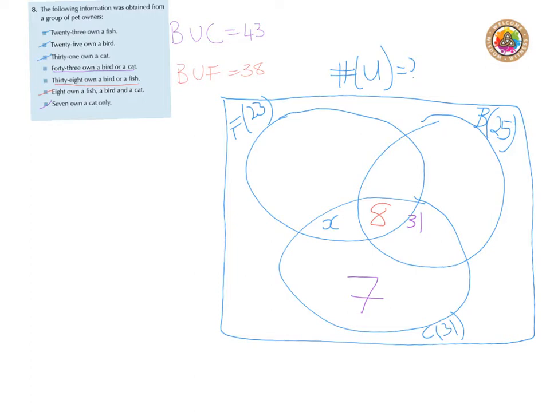And I'm going to take away 8, also take away 7, take away X. And that's going to leave me in this area with 31 take away 8, take away 7, which leaves me with 16 take away X. So that's that area. Now I'm still left with one unknown here. So for the moment, I'm just going to call it Y.